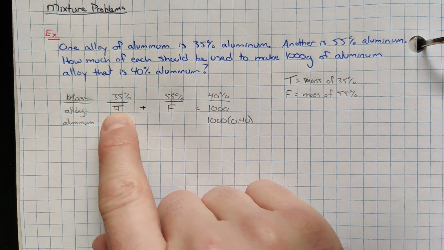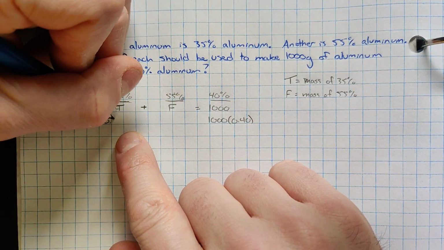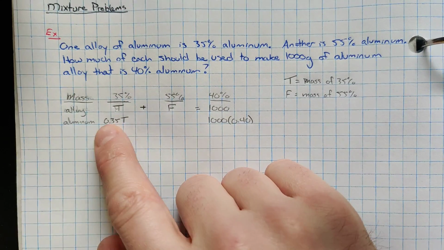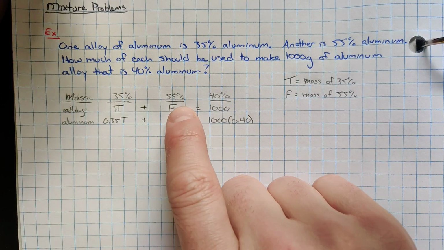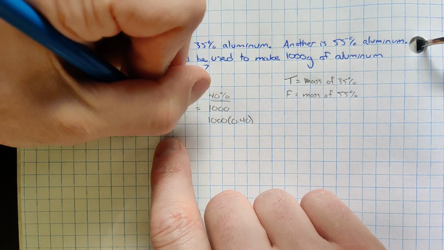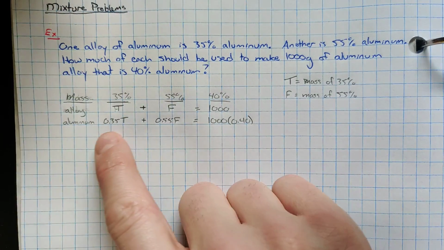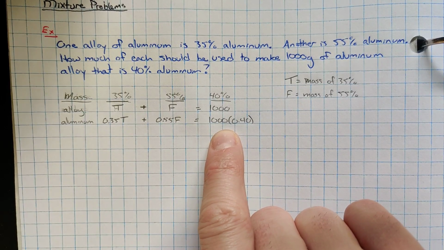How much of this 35% mixture is aluminum is 0.35 T. 35% of it is aluminum. So that's the mass of aluminum in the mixture. The mass of aluminum in the 55% mixture is 0.55 F. If we add those masses of aluminum together, we'll get the 40% mass we want.